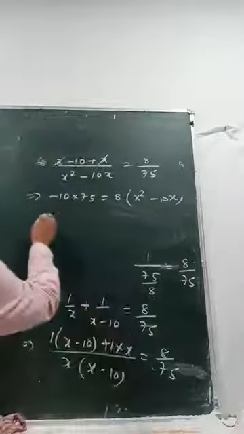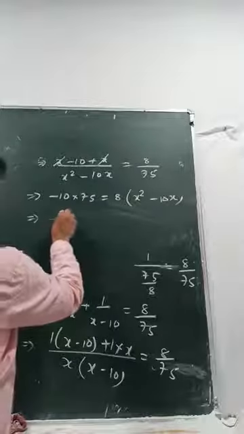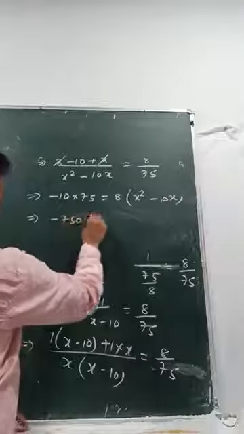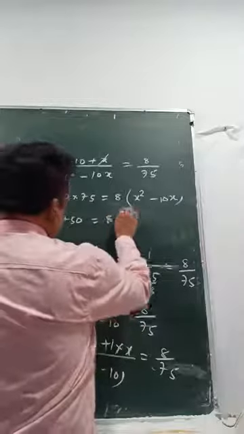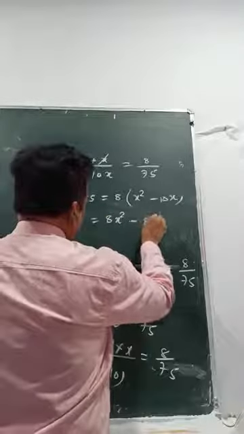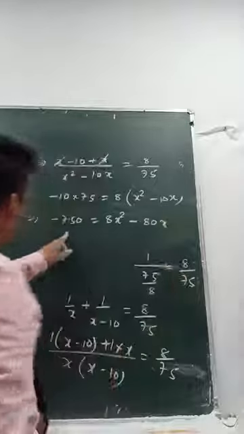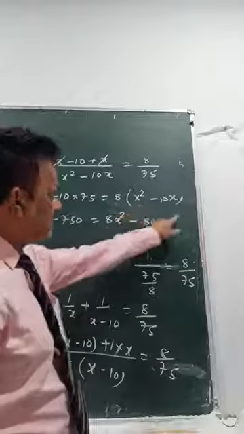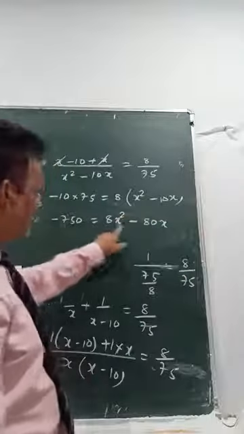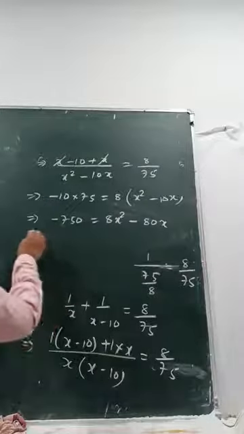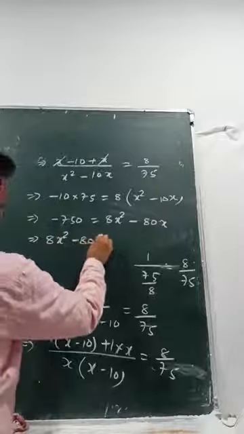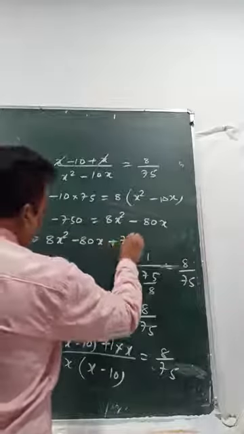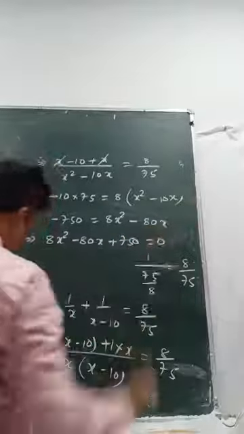So this implies minus 750 equals 80x square minus 80x. Now listen, you are taking this one to that side, so this will be positive, this will not change. Means 80x square minus 80x plus 750 equals 0.